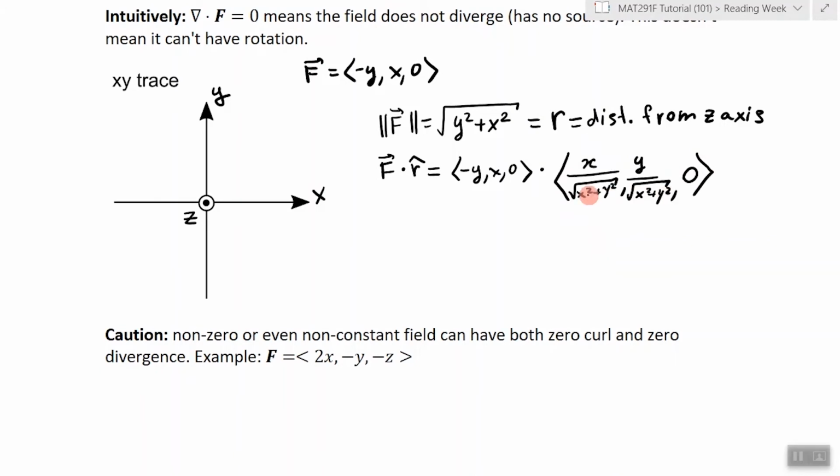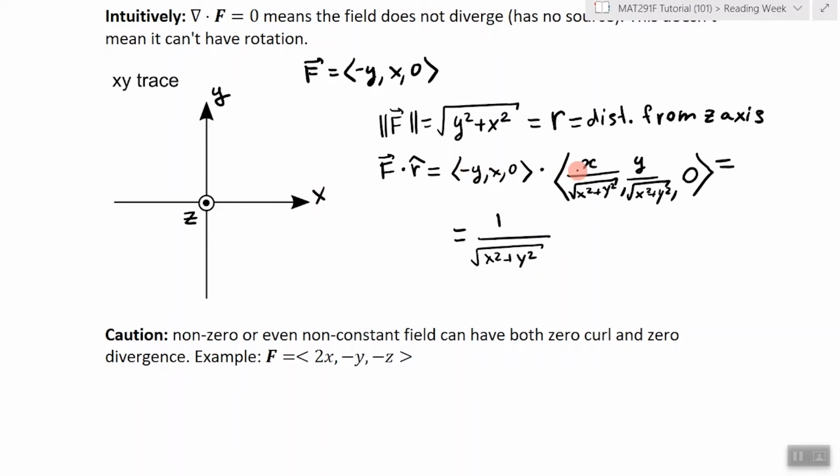Now, if this doesn't look familiar, you should check the reading assignment 0. There are some more details on how to get this r hat. And this dot product is equal to 1 over square root of x squared plus y squared times the following.